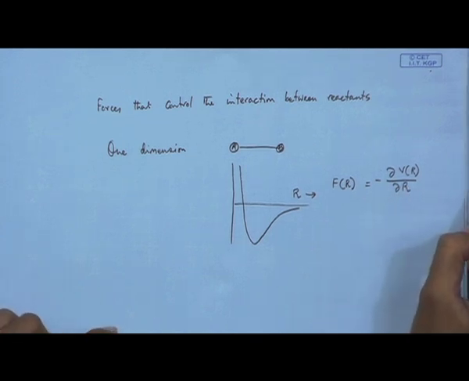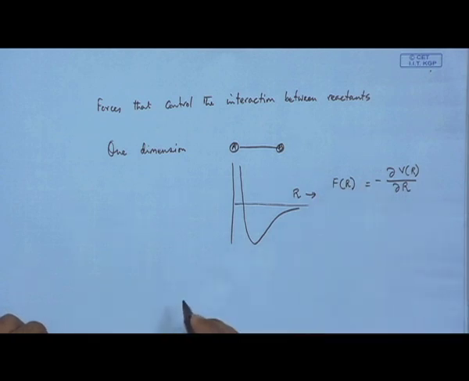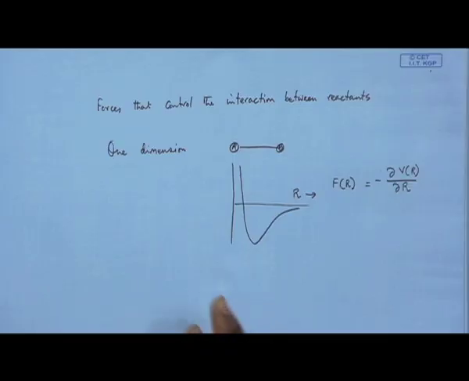So it is in one dimension, but suppose two reactant molecules are interacting like this, then it no longer remains confined in one dimension; rather a three dimensional description of this potential is needed, which is called the potential energy surface.